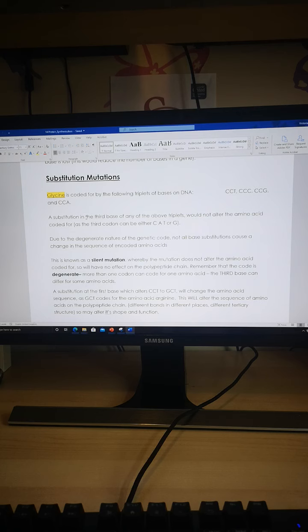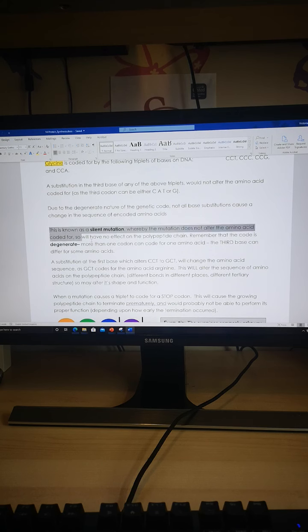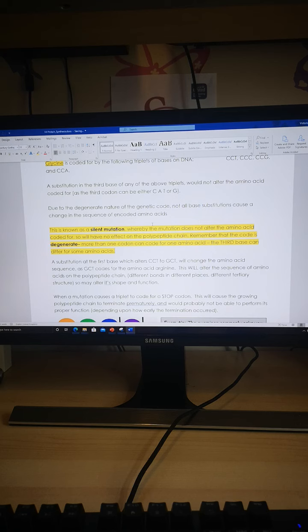So a substitution of the 3rd base of any of those triplets wouldn't actually alter the amino acid it codes for. This is due to the degenerate nature of the code. Not all base substitutions cause a change in the sequence of the encoded amino acids. So that's known as a silent mutation. Shh, a silent mutation. So there has been a mutation.